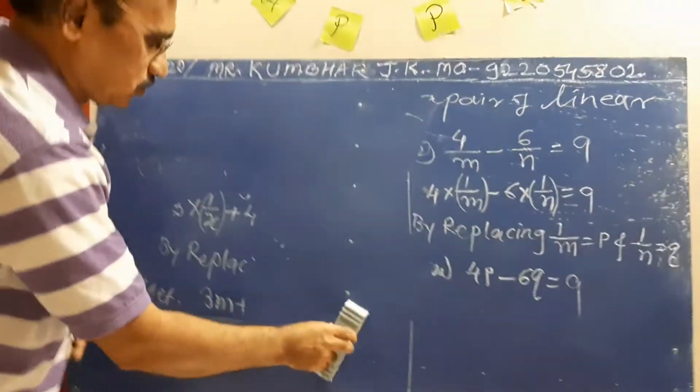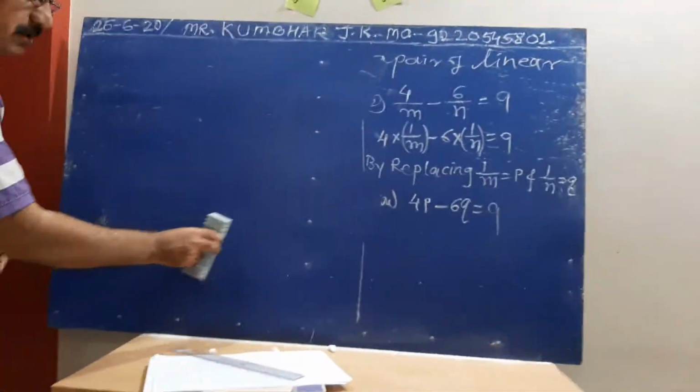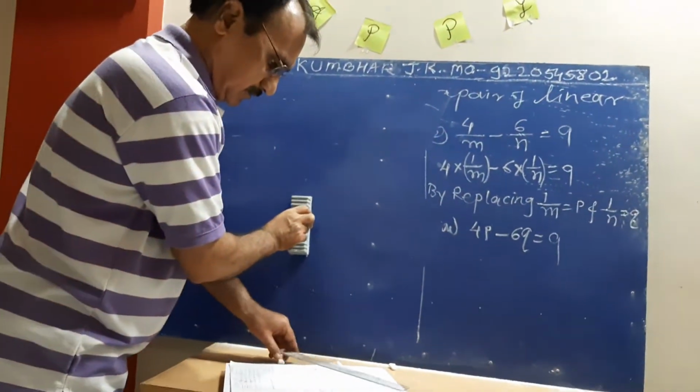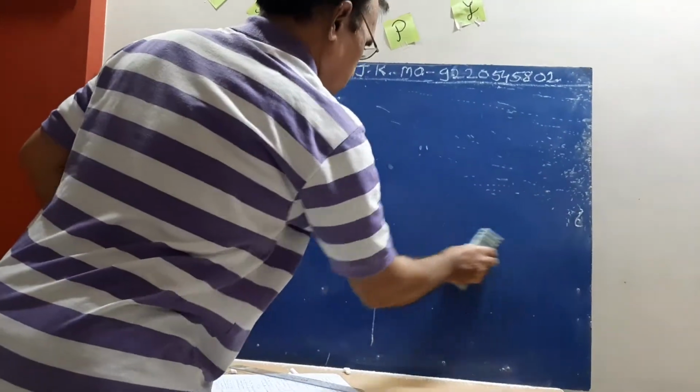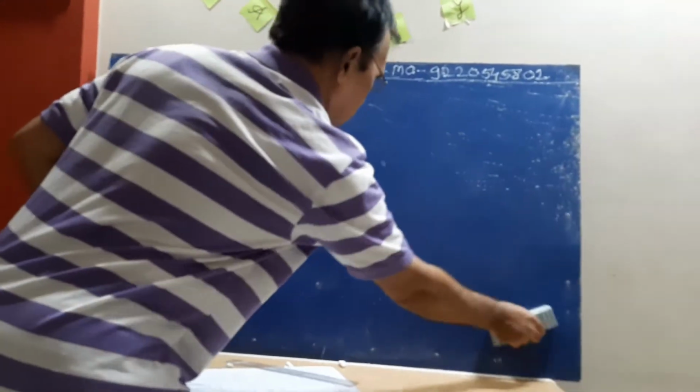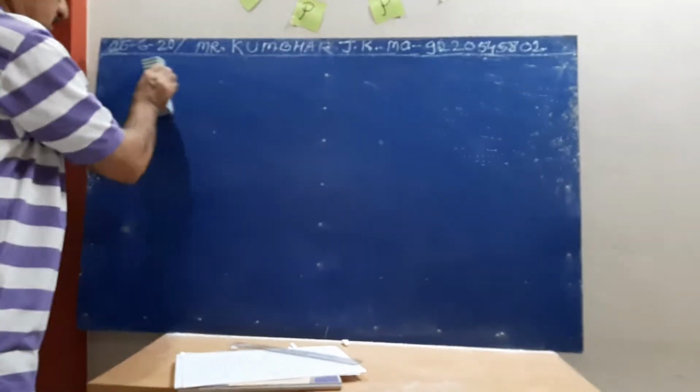And now we are going to learn practice set 1.4. See the first example from practice set 1.4 from our textbook.